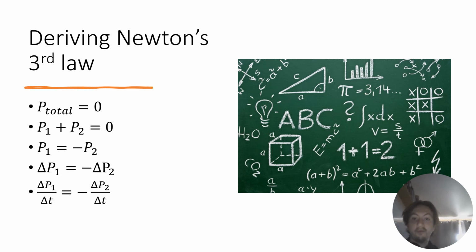And if you remember that force is defined to be change in momentum over change in time, which is an alternate way of writing F equals ma, what you end up with is that the force on the person is minus the force on the boat, so F1 is minus F2, and this is Newton's third law. So we have proven Newton's third law by considering the conservation of momentum.